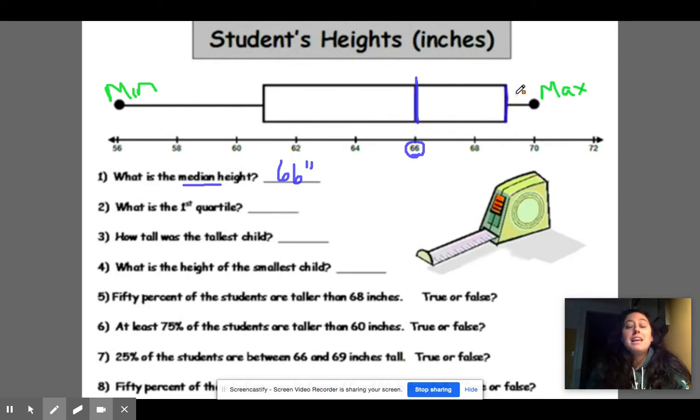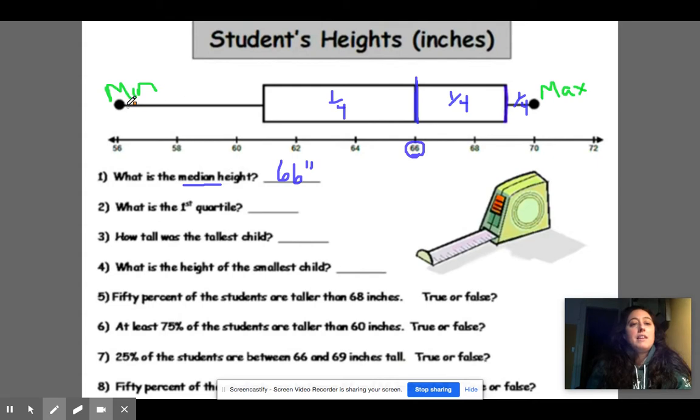So even though this area looks a lot closer together than this area, they both represent 25%, or a quarter of the data. That's why they're called quartiles. Fun fact there.